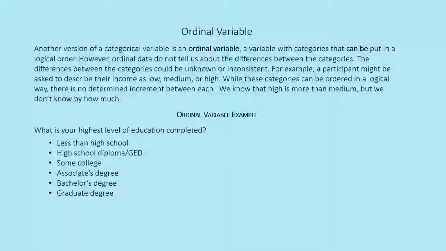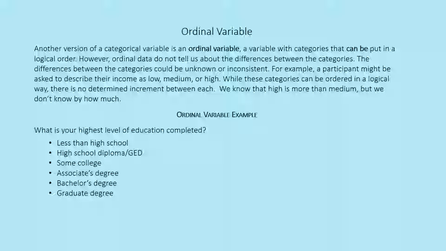Now, another type of categorical variable is our ordinal variables. These particular variables can be ranked or put in order. There are no particular criteria or increments between each of the categories. However, they can be placed in a ranking style from low, medium, or high.